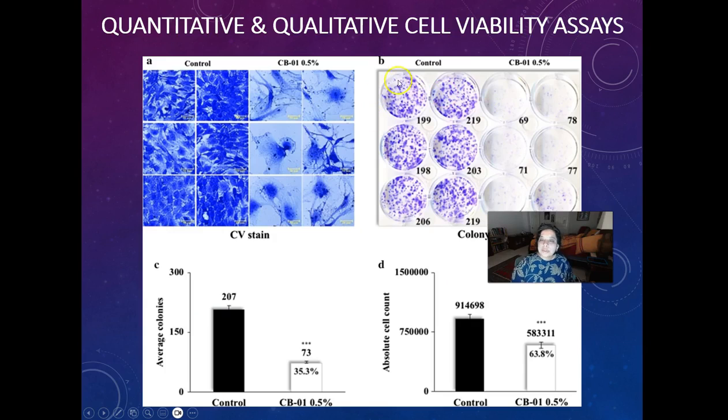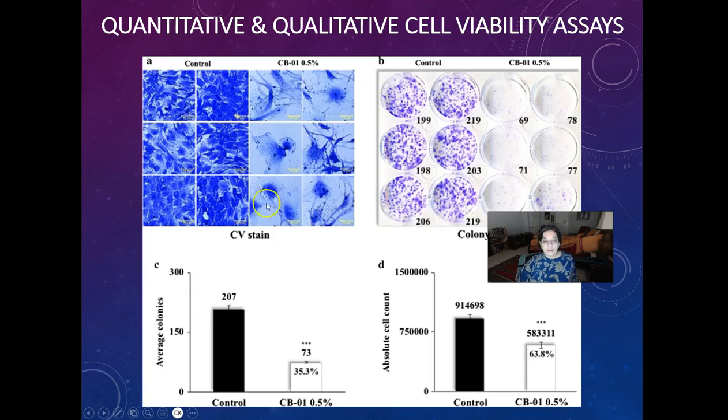Then you count the number of colonies that you get with and without the compound that you're working with. If you have cancer cells, for example, you expect them to make lots of colonies. And if you are giving them anti-cancer drugs, you should see significantly fewer colonies post-treatment.